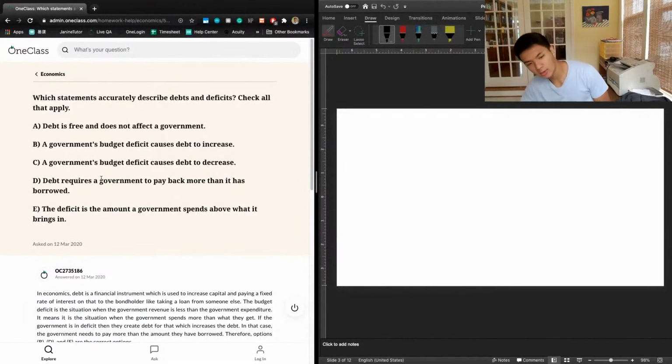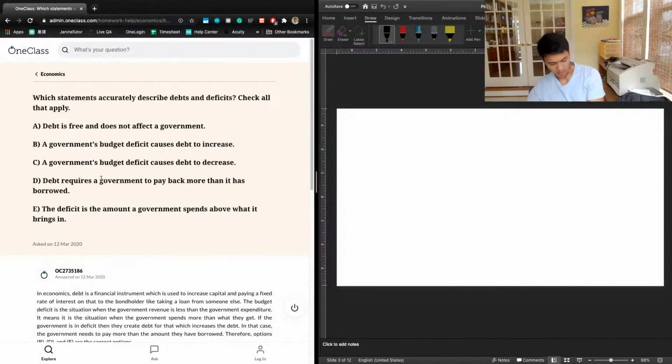D says that debt requires the government to pay back more than it has borrowed, and we just talked about this, that's true, because when you borrow money, not only do you pay off the principal, but you also have to pay the interest, and so debt is going to actually cost us more over the long run than just what we borrowed. D is true. E says that the deficit is the amount a government spends above what it brings in, and so that is also right. That's the definition of deficit.